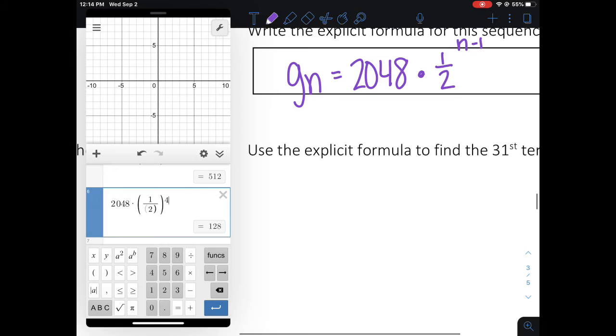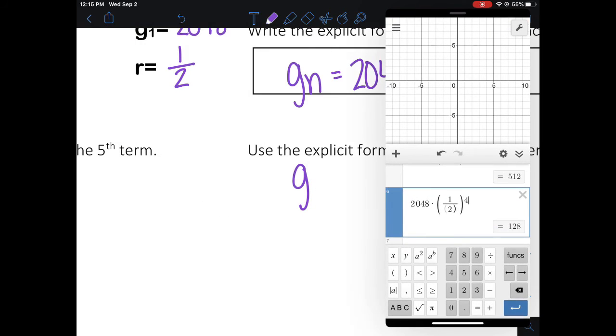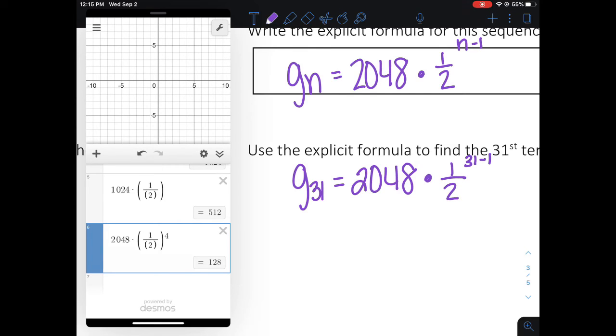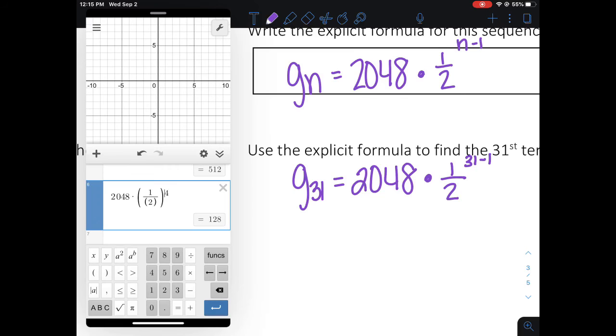Find the 31st term, G sub 31. G sub 31 equals 2048 times 1/2 to the 31 minus 1 power. I already have that formula pretty much typed in. I'm just going to erase that 4 for the exponent, plug in 30, and I get a really tiny number.